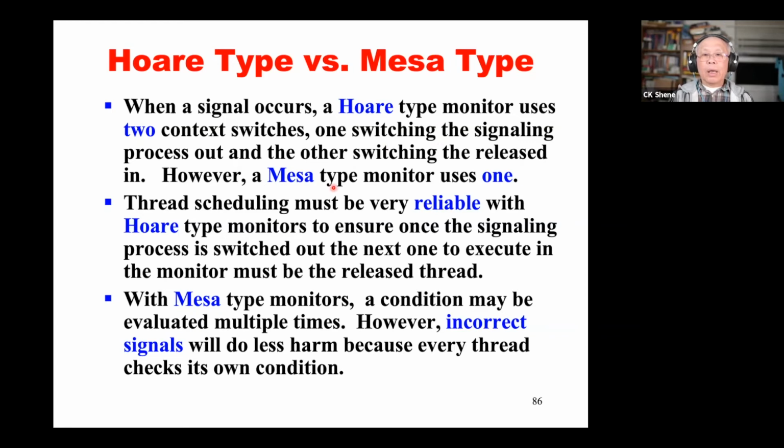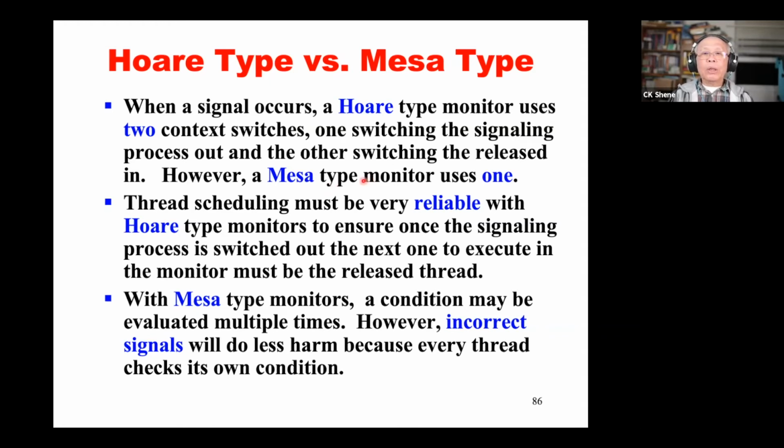However, a Mesa type monitor only needs one. This is because under the Mesa type monitor, the signaling thread simply removes the released thread from the condition variable and moves it out. And then inside the monitor, the signaling thread continues.